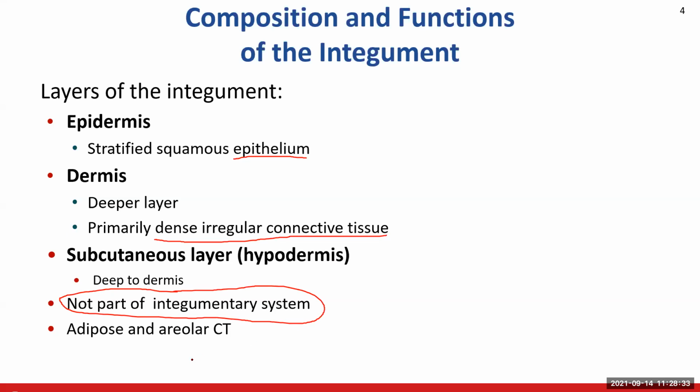The 2 types of connective tissue present in the subcutaneous layer are the adipose and the areolar. That's connective tissue, specifically loose connective tissue. And what do we know about loose connective tissue? There's a lot of ground substance, which means there's a lot of space for stuff. So loose connective tissue can be very vascular, lots of blood vessels, which is true. The subcutaneous layer has lots of blood vessels in it.